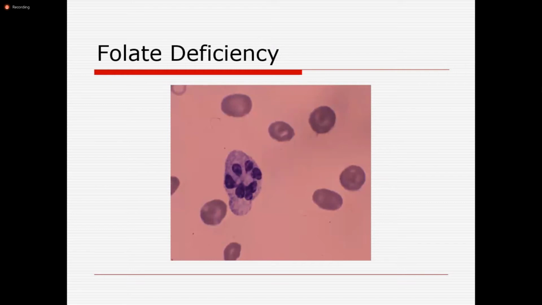This is folate deficiency. Again, hypersegmented neutrophils will be seen, but this should not be mixed up, because if you assume that the patient has folate deficiency, which gives a similar picture with macrocytes and hypersegmented neutrophils, please do check serum B12 levels.